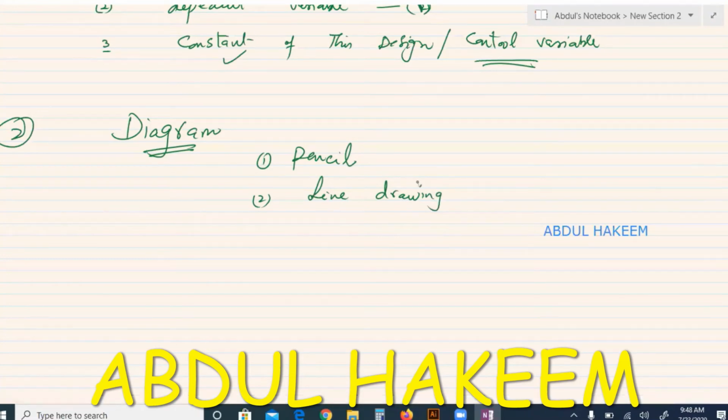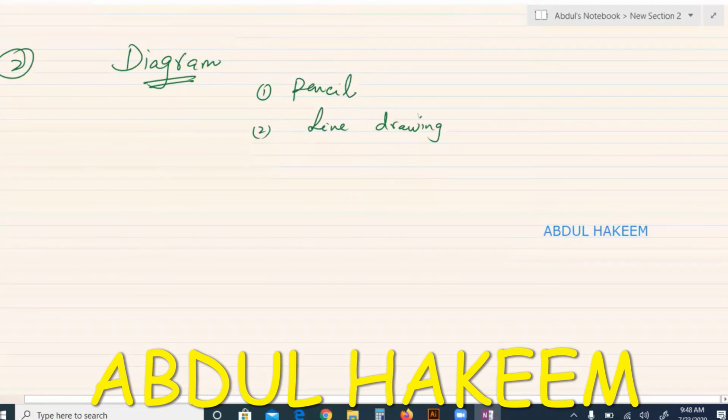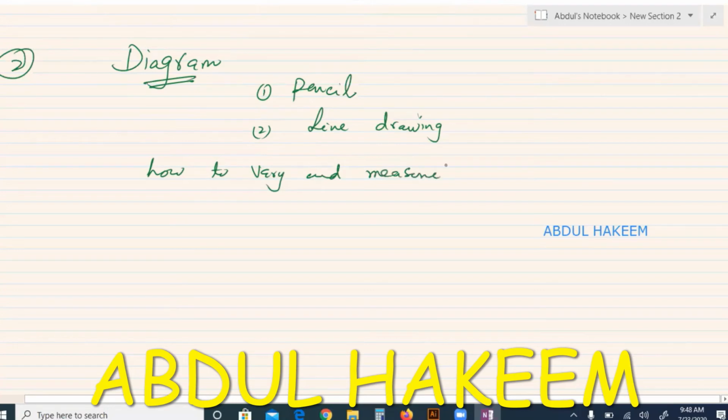Line drawing, okay? And then what we have to draw: first we will draw any equipment, any device, showing how to vary and measure the independent variable.